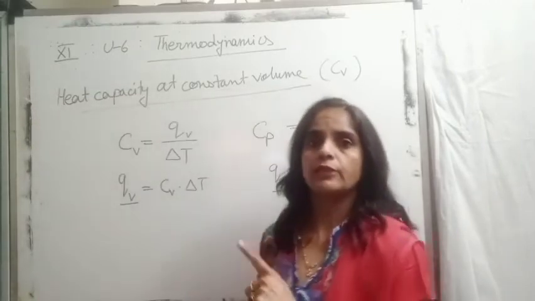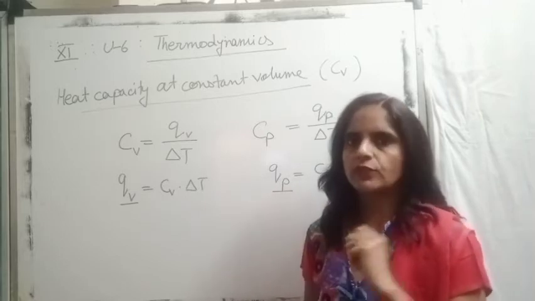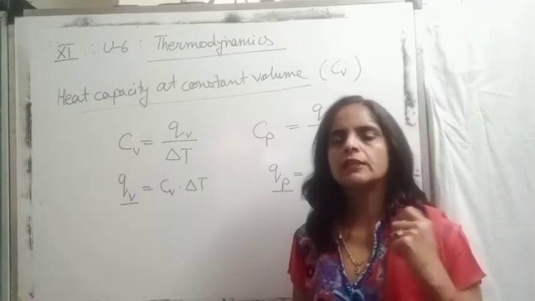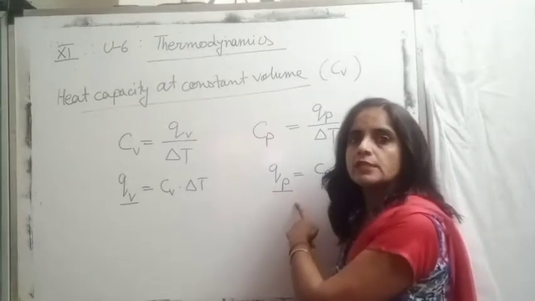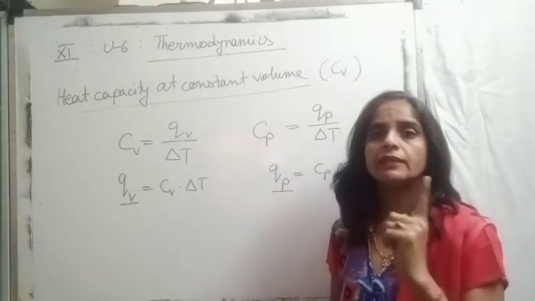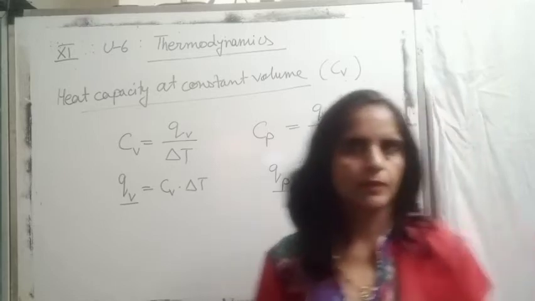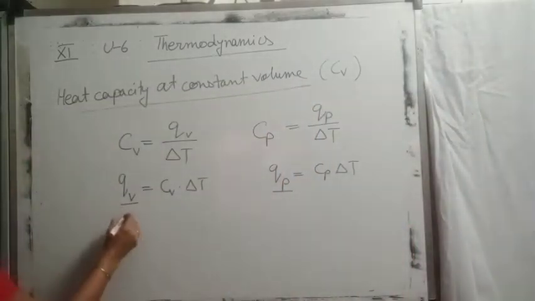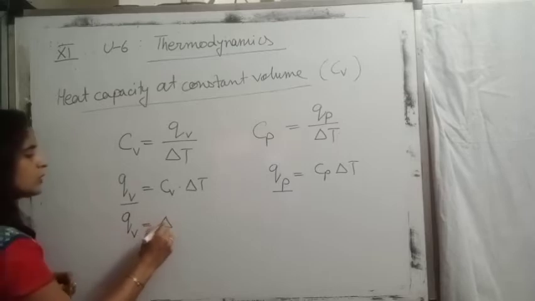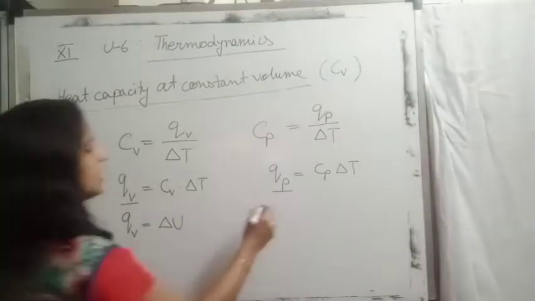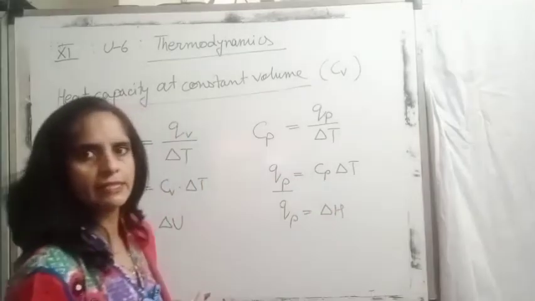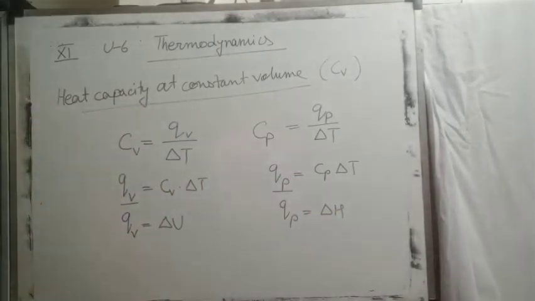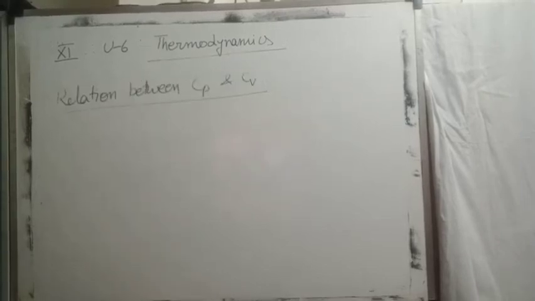Qv, the heat at constant volume, is the change of internal energy of the system, which we discussed in our previous lectures. Similarly, heat at constant pressure is the change of enthalpy of the system, right? So Qv is also written as the change of internal energy, and Qp is also written as the change of enthalpy, delta H. From here we can derive the relation between Cp and Cv.